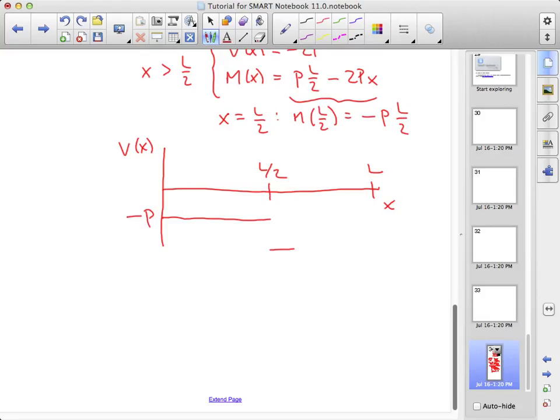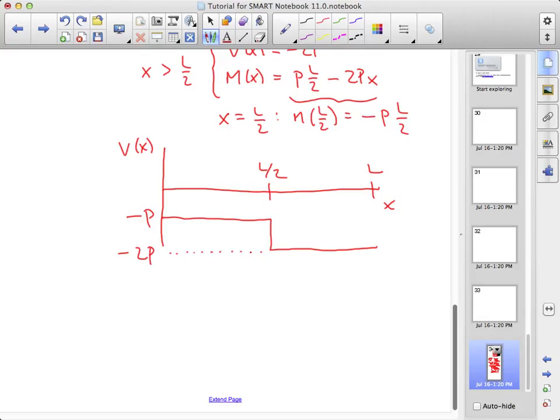And we have V equal to minus 2P after we pass through L over 2. It is not an accident that the size of the jump here is directly related to the size of the discrete force that's applied there. A sudden force of magnitude P appears at x equals L over 2, and the shear force distribution jumps down by that amount.